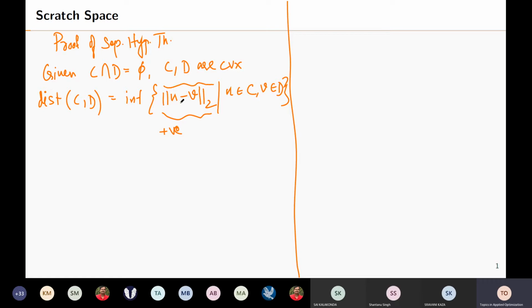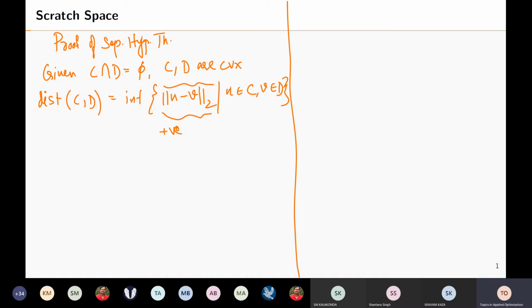So this is always a non-negative number. Now, there will exist some points C in C and D in D that will achieve this distance.